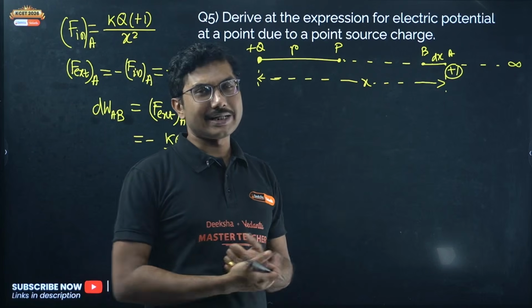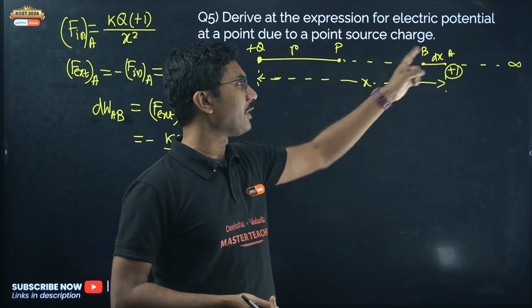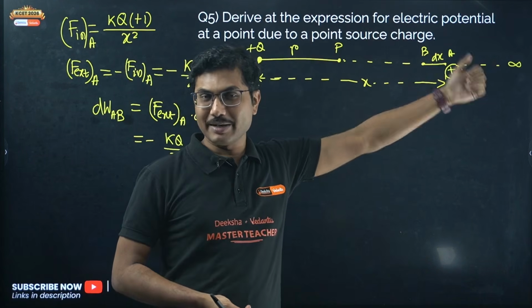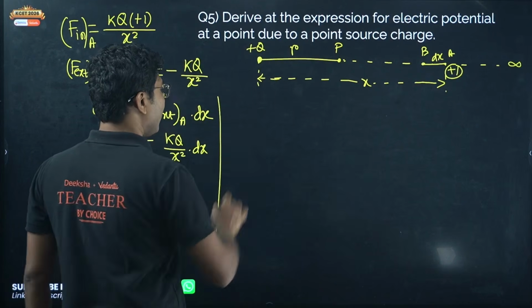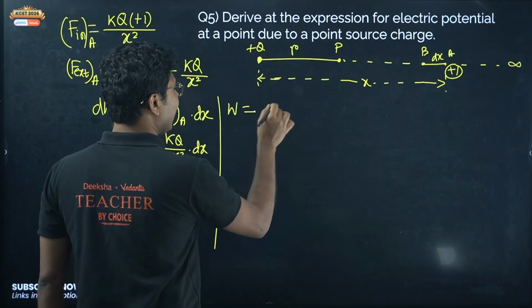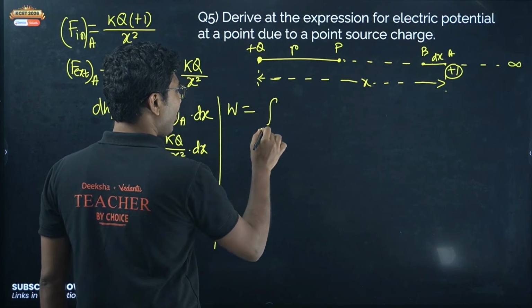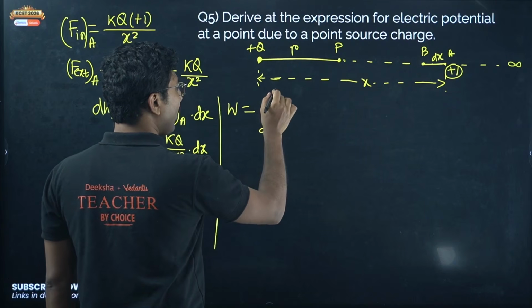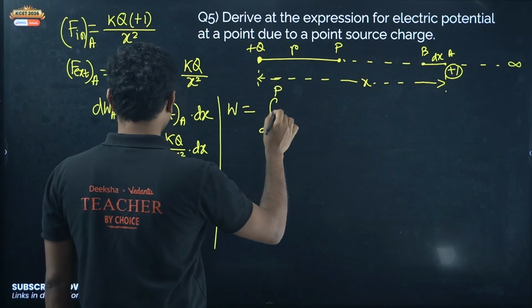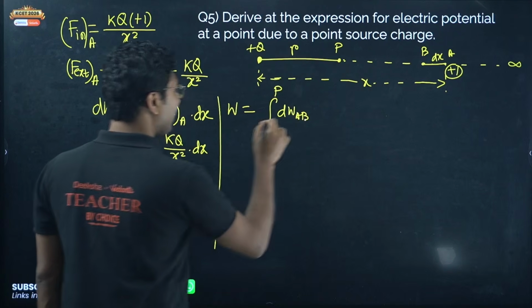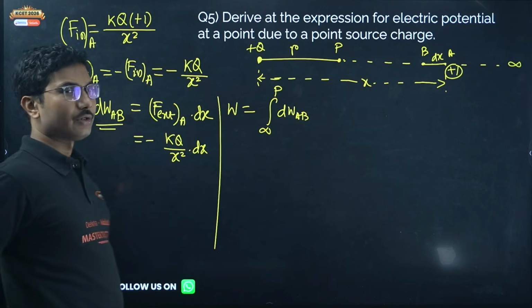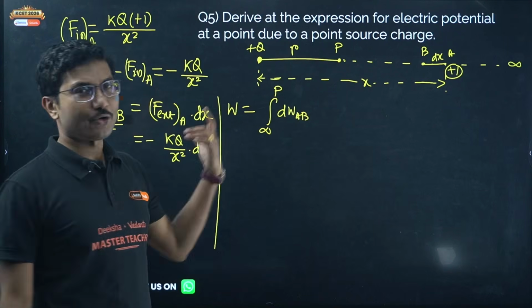Now we are not satisfied with bringing the charge from A to B. We have to go to infinity and bring it till point P. So to calculate total work done, we have to integrate this starting from infinity till our point P. We have to integrate this work done dW to calculate the total work done, that is the potential.